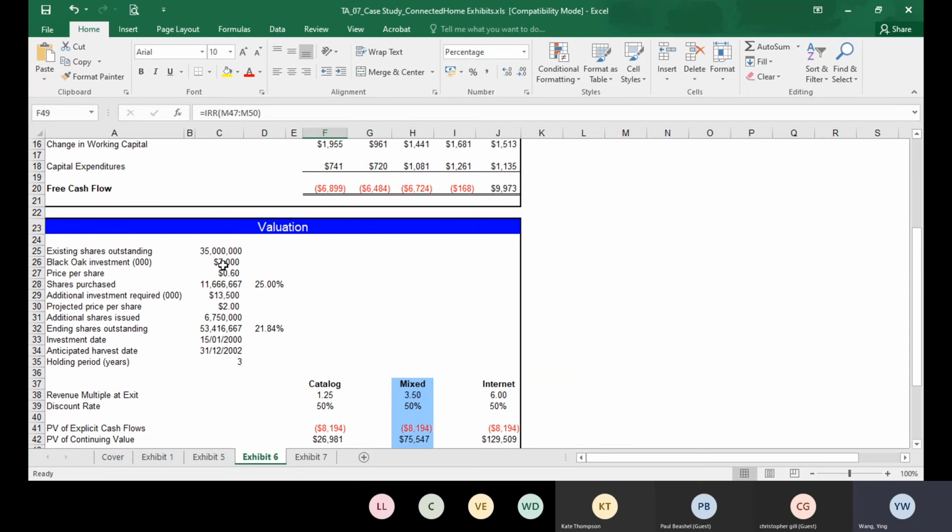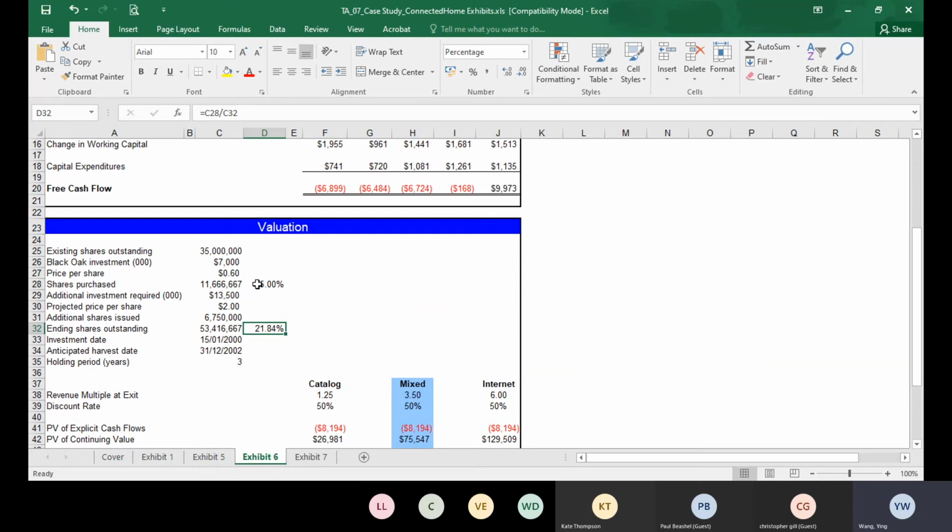Another deal here, what they do is they still invest 7 million. This time, the share price changes. One share doesn't worth $1. Now it is worth 60 pence. So after that, they consider a second round of similar investment, 13,500,000, and the ending shareholding for the investor is 21.84%.